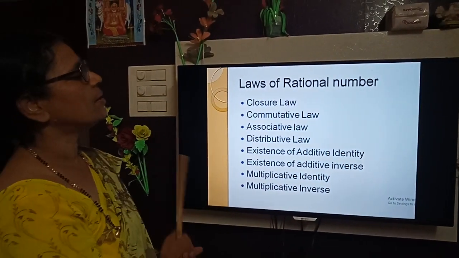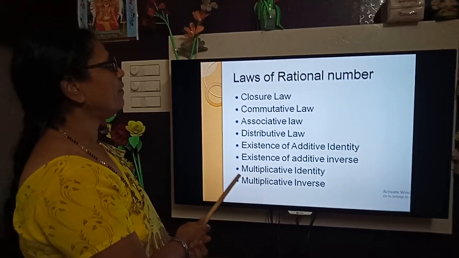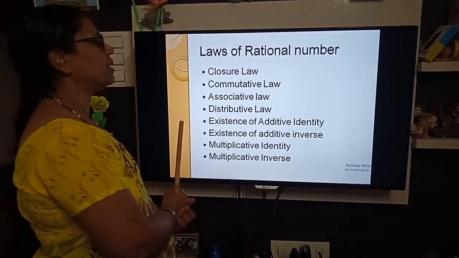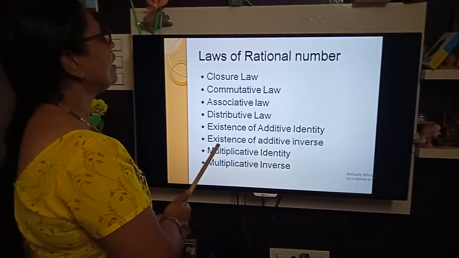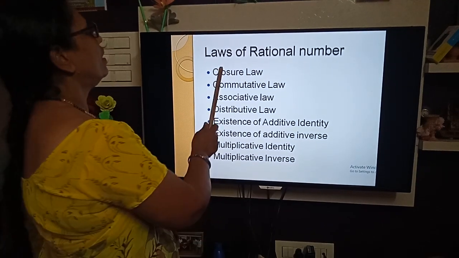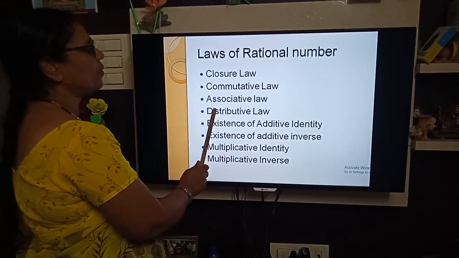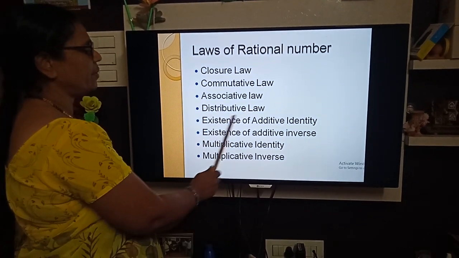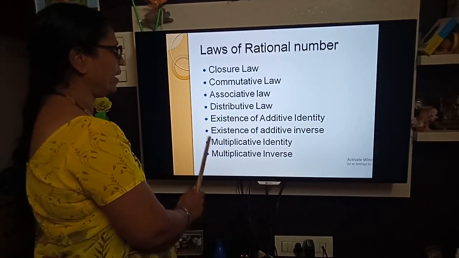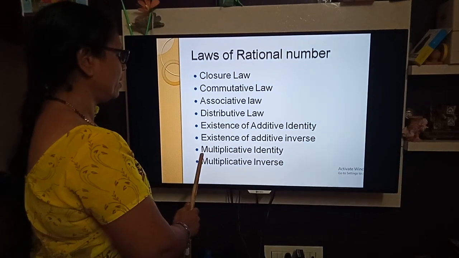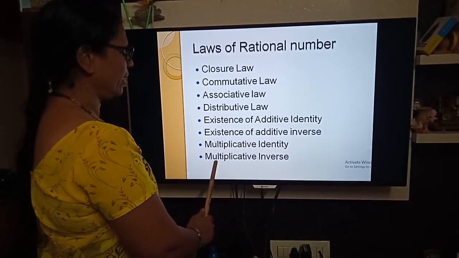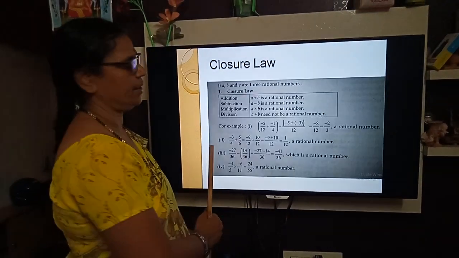Here are some laws which we have already studied with whole numbers, natural numbers and so on. Here also we are studying the same laws with rational numbers: closure law, commutative law, associative law, distributive law, existence of additive identity, existence of additive inverse, multiplicative identity, multiplicative inverse.